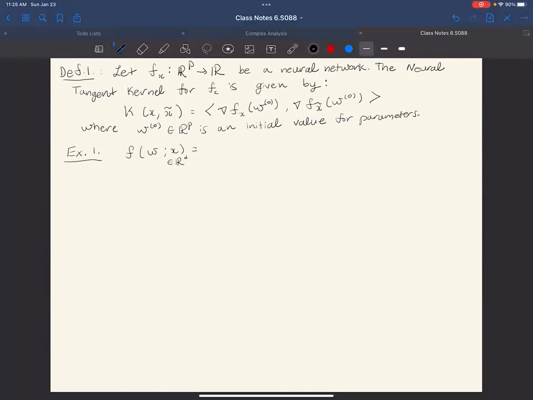I'm just going to write it as a phi of b x, just as we did before. And here my a is going to be a 1 by k vector, b is going to be a k by d matrix. Okay, and then of course phi is this element-wise activation.